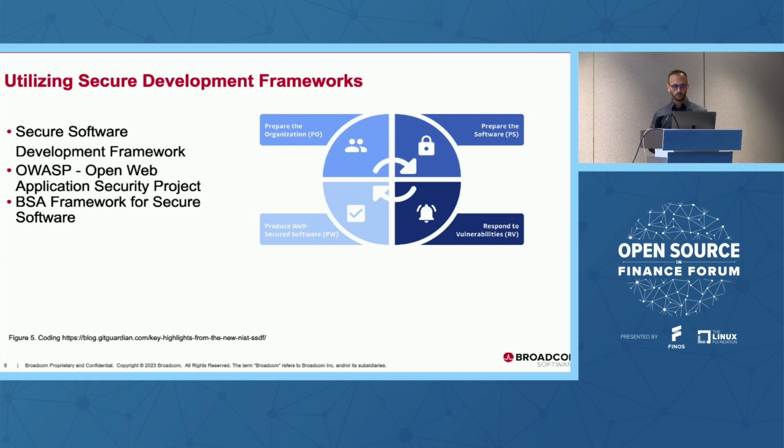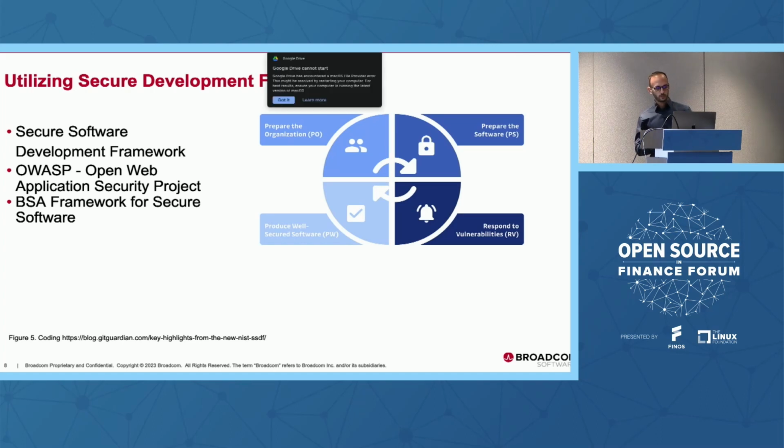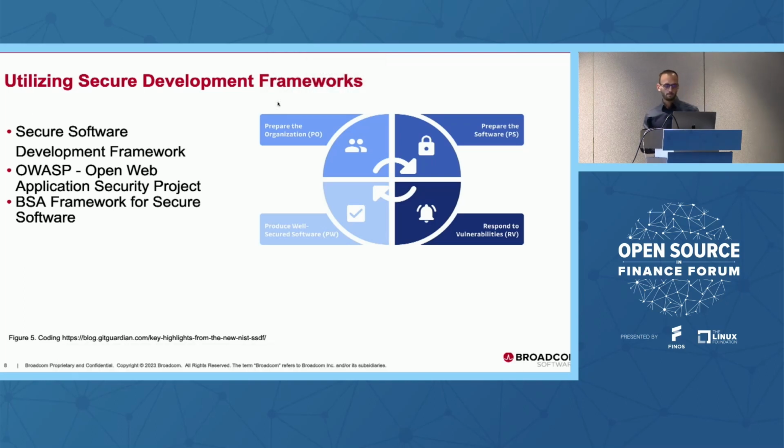And they created this framework for you and put all these best practices into 4 groups, starting with how to prepare your organization, how to protect your software, how to produce well-secured software, and how you should respond to vulnerabilities.